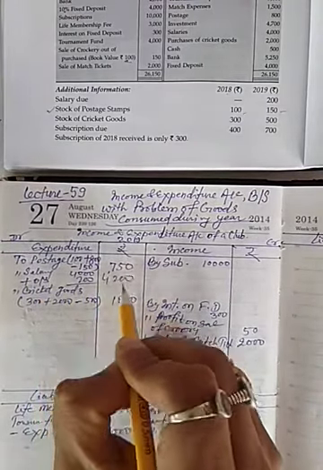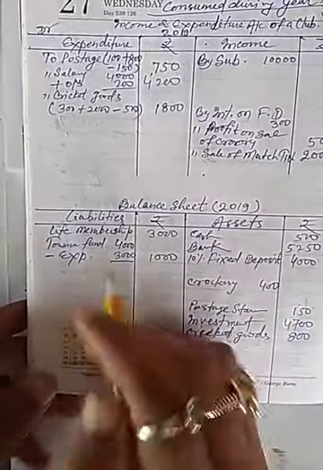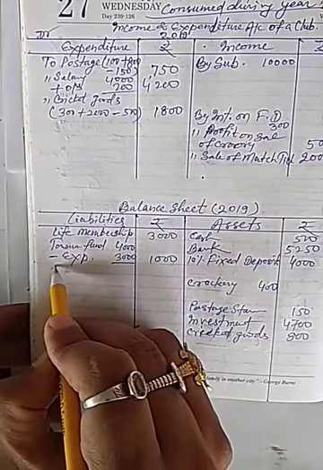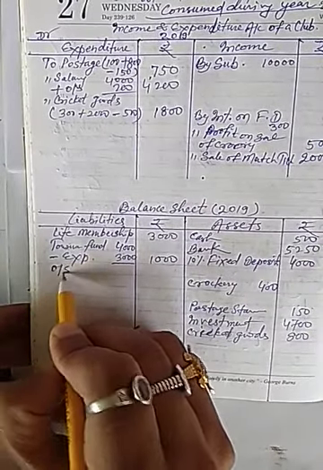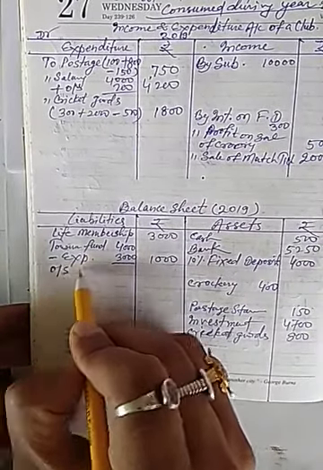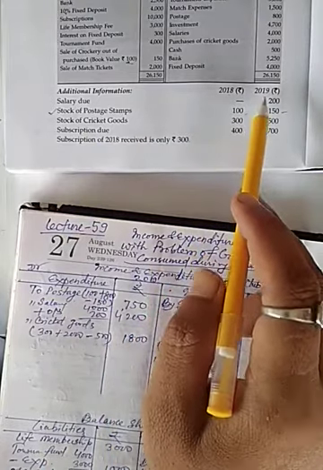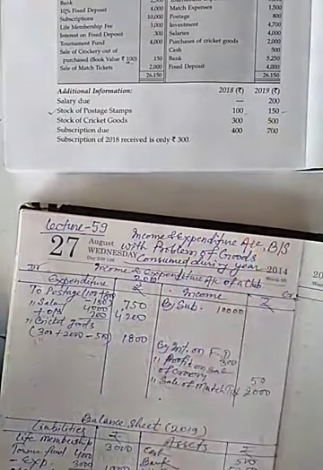It will be our liability, so I will write on the liability side outstanding salary 200.